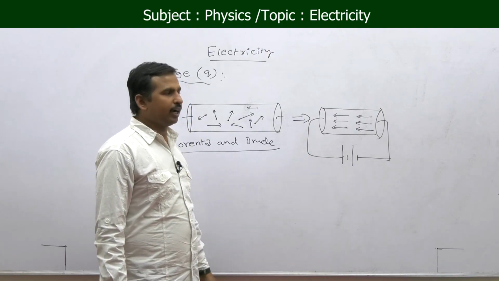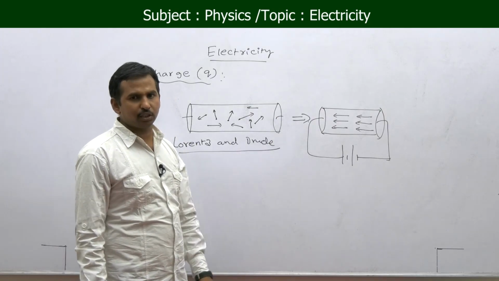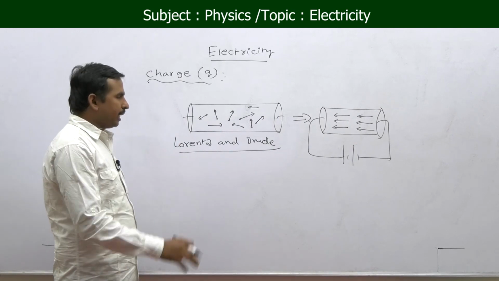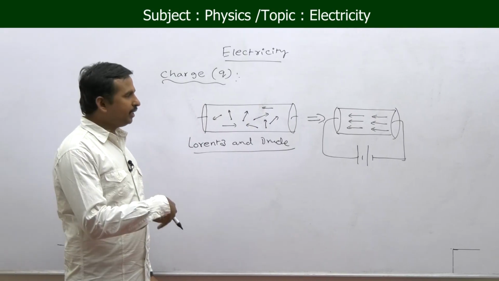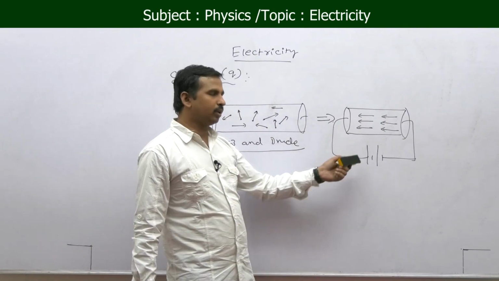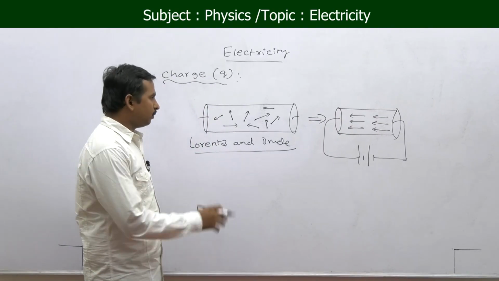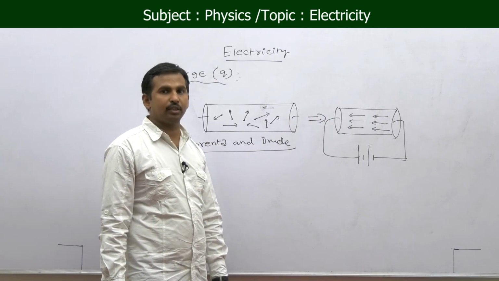Then how does the battery make the charges flow in one particular direction? That we will see now. Whenever there is no battery connection, the electrons go in different directions.